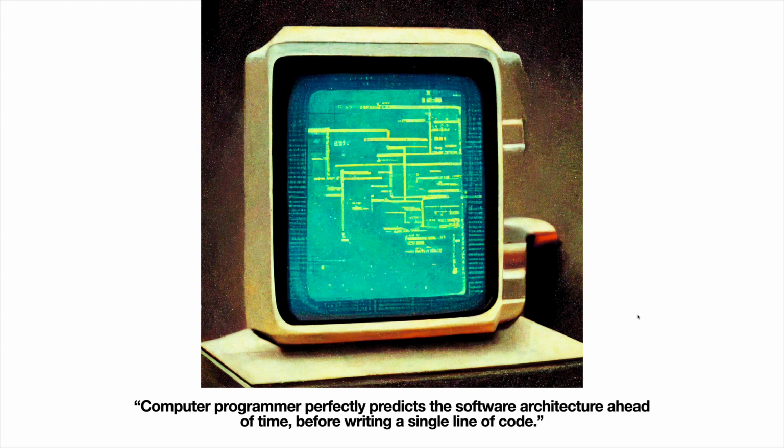It never turns out that way. Whatever idea you have in your head that you think it's going to be, it's not going to be. And so I chose this prompt, computer programmer perfectly predicts software architecture ahead of time before writing a single line of code, because this makes it look so easy, but actually that never happens. It never ends up being that way.